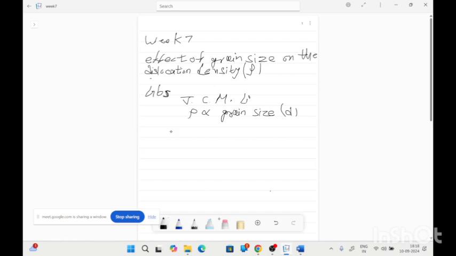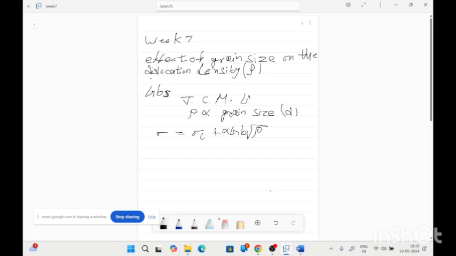The Hall-Petch relation related to the dislocation density can be written as sigma equals sigma I plus alpha G b square root of rho.